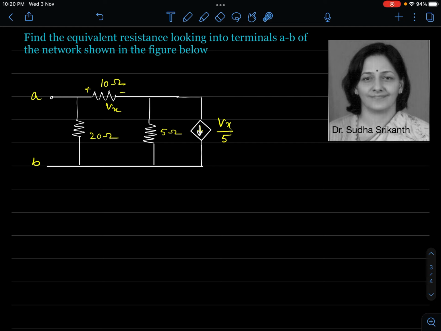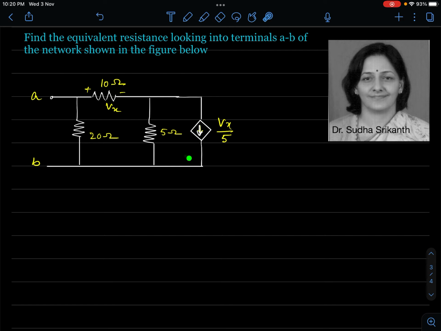So there won't be any current, there won't be any voltages. There is no potential difference across any resistances. There are no currents because there is no source, okay? So only when you have an independent source, then you will have certain voltages and currents developed across the various elements, and then you may have certain dependent sources in the network.